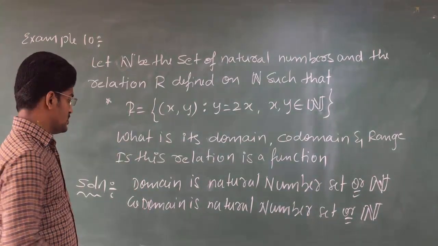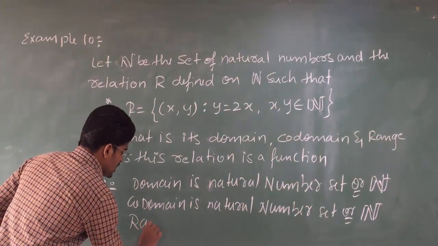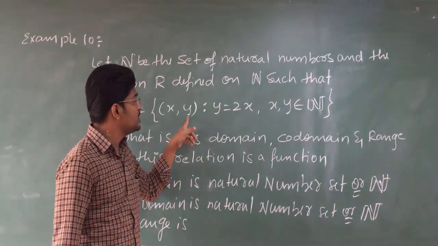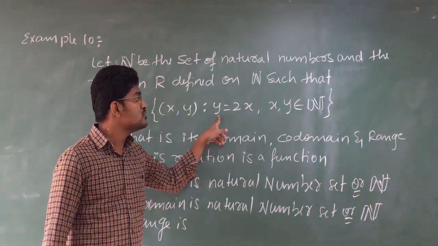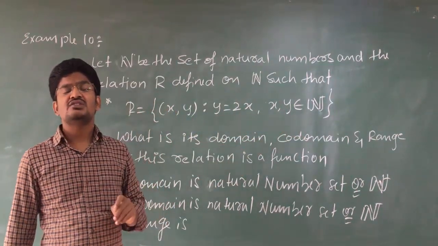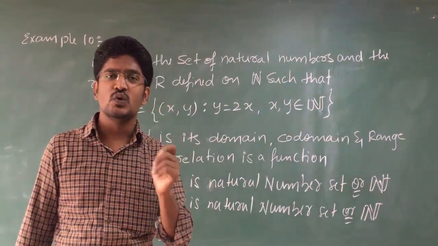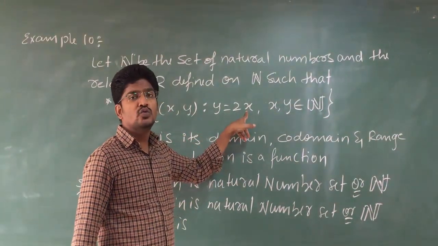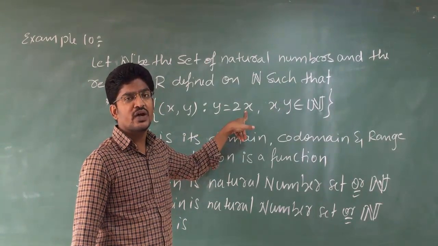Now range. See, range is the second element, y. y is equal to 2x. x is a natural number. Natural numbers start with 1, 2, 3, 4, 5. If you go on putting the values 1, 2, 3, 4, 5 and so on here, what you are going to get?